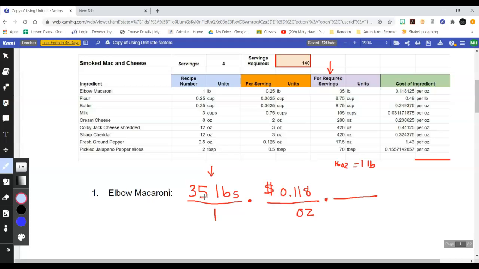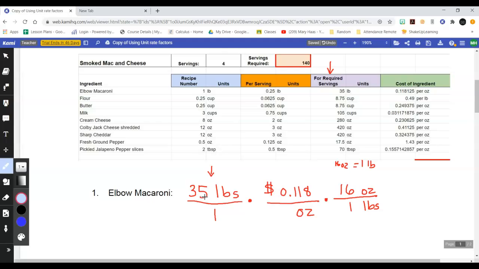And so what you want to happen is you want the ounces to cancel. So if it's in the bottom of a fraction, I need it to be in the top. And I want pounds to cancel. So since that's in the top or the numerator of a fraction, I want to put it in the denominator. So pounds.